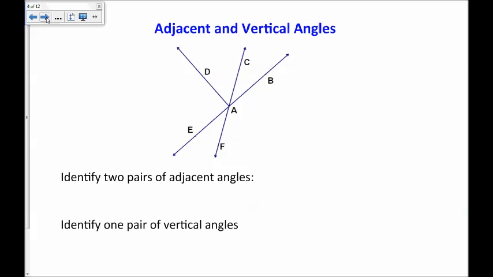Now, here is a picture, and we want to identify 2 pairs of adjacent angles. Well, adjacent means next to. So this angle is next to this angle. So I would say angle BAC is adjacent to angle CAD.